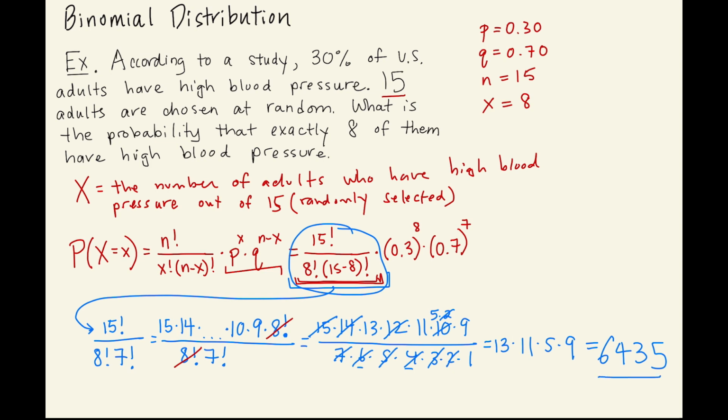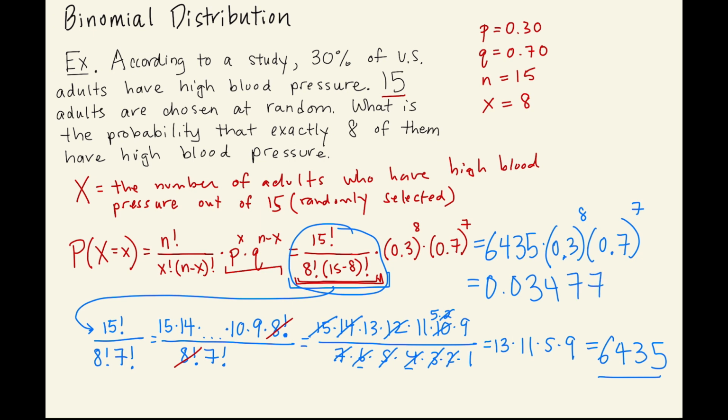Okay, and so remember that is only this part, and normally for these large numbers, I would say just use a calculator. They can do factorials. But if you don't have a calculator, you can do it brute force like this. So far my formula gives me 6,435, and I'm going to multiply that by 0.3 raised to the 8th times 0.7 raised to the 7th power. And if I multiply this all out, I get 0.03477, and the decimal keeps going.